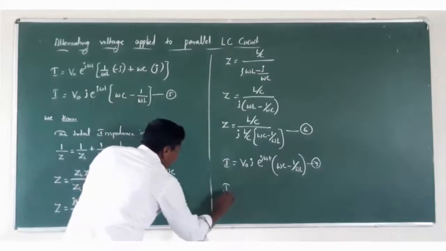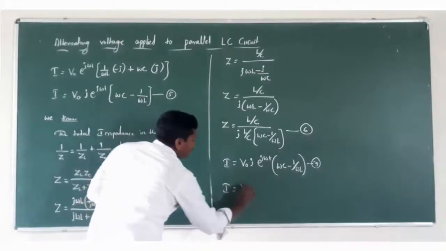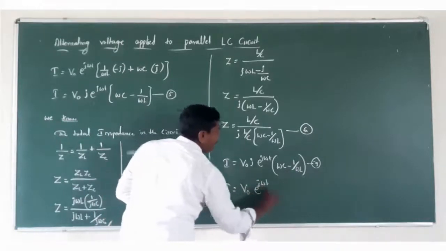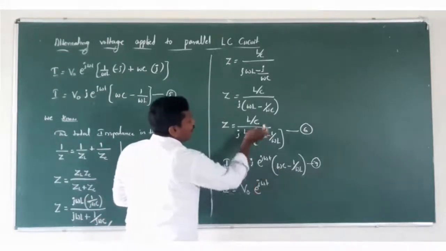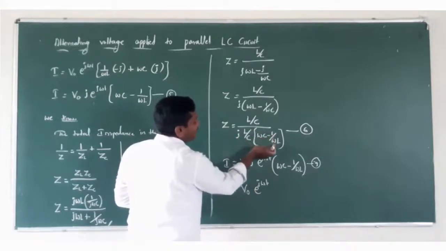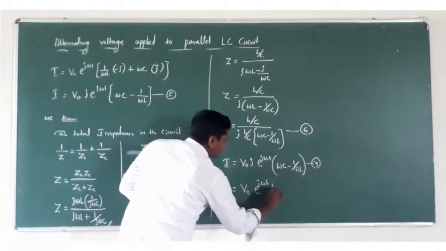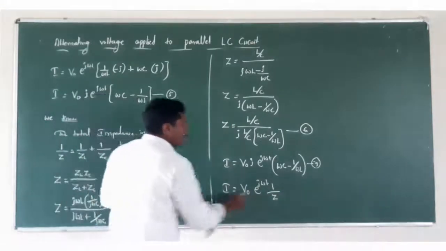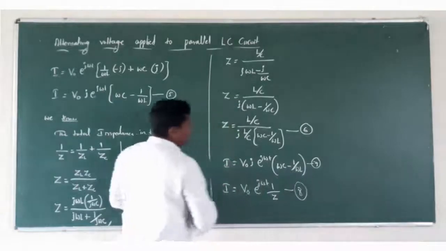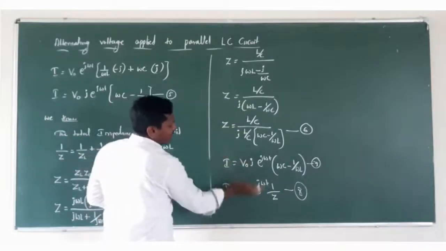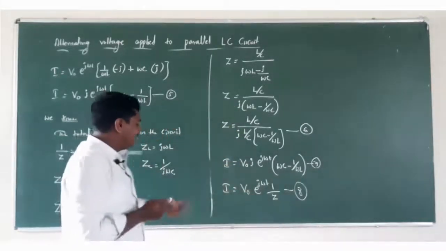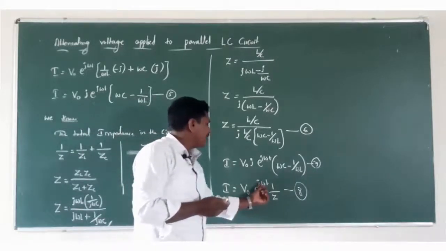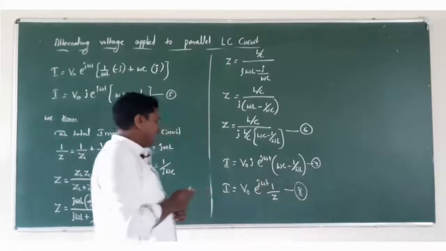Therefore, the current equation can be written as V naught e raised to j omega t, and here 1 over omega C minus omega L in the sense Z, therefore we are considering Z here. So, let us consider this one as equation number 8. Here the j in the numerator and j in the denominator cancel each other, therefore the remaining term is I is equal to V naught e raised to j omega t times 1 divided by Z.